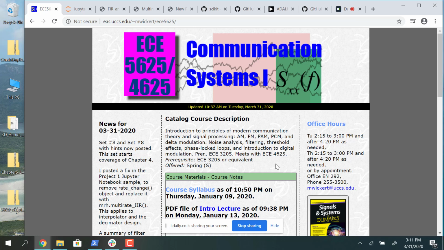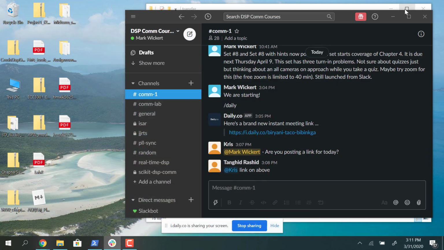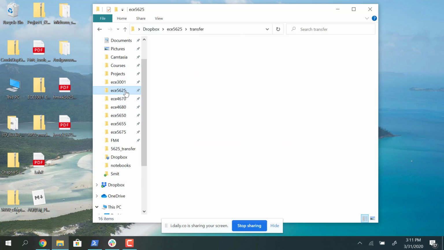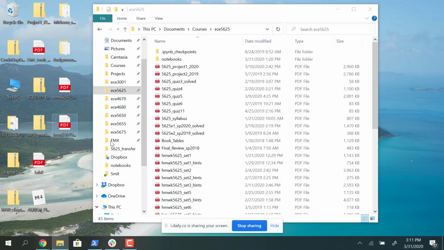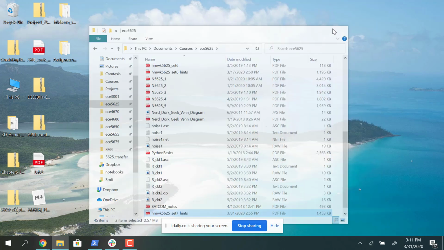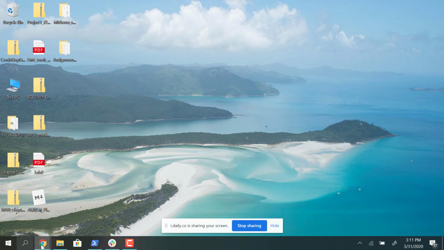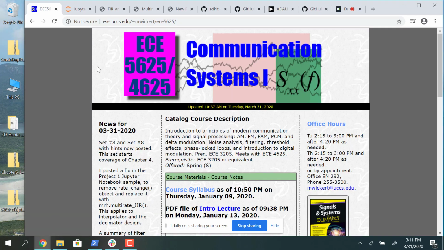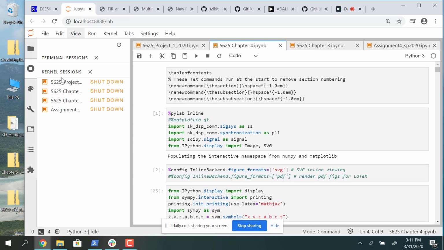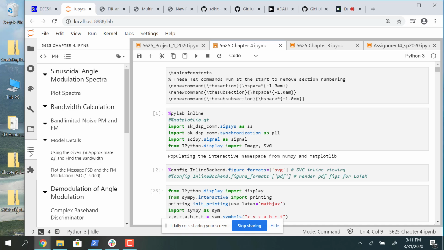Let me just move those hints pages into my folder, since I didn't get that done yet. We will want this to get access to the chapter 4 Jupyter notebook that we'll be looking at momentarily.